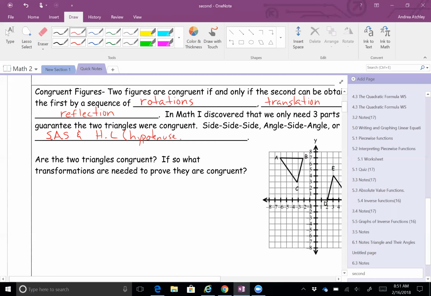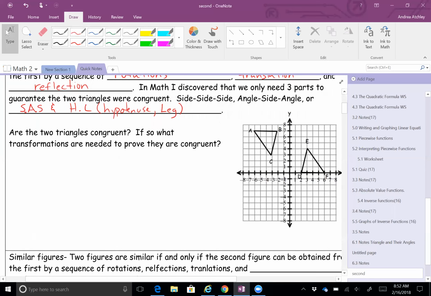No, side angle is not an option. We already have angle, side, angle. Okay, so those are our different ways to prove triangles are congruent.